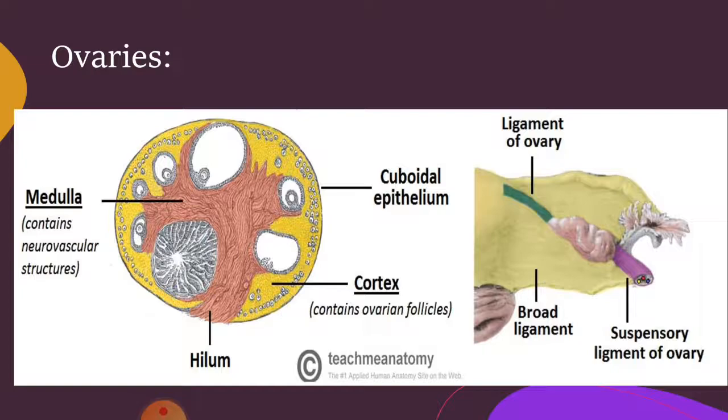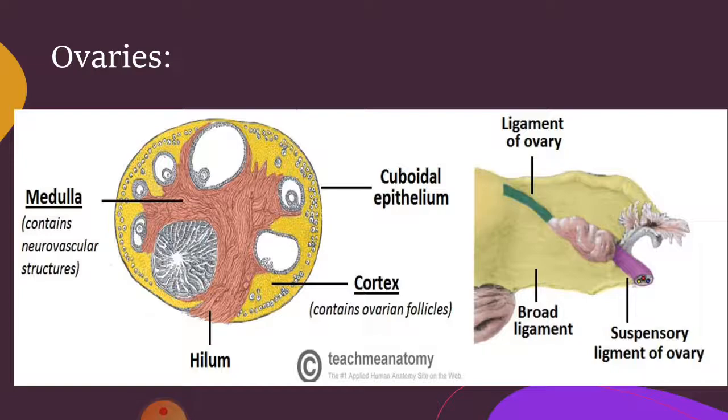and the next is the cortex, and this is comprised of connective tissue and the numerous ovarian follicles, and each follicle contains an oocyte that will be surrounded by a single layer of follicular cells.